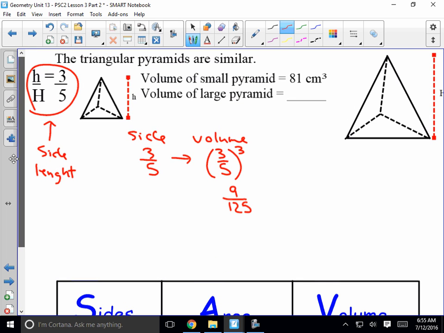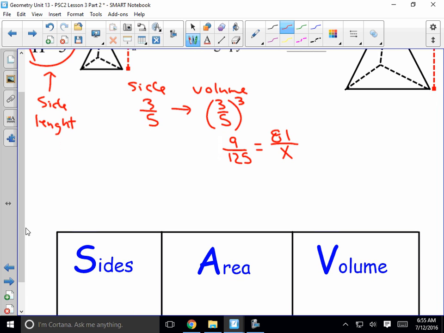So I have a ratio of small to large. I know the actual volume of the small pyramid, and what we're solving for is the large pyramid. Once we have this set up, it's just a cross multiply and solve situation. So we've got 125 times 81, so 9x equals 10,125.